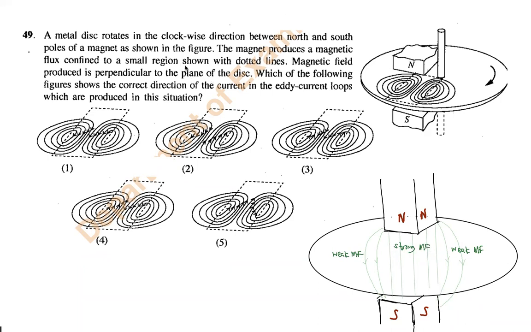Amna got an answer. Good. Now here, you're going to move like this, so you can say entering a strong magnetic field from a weak magnetic field.